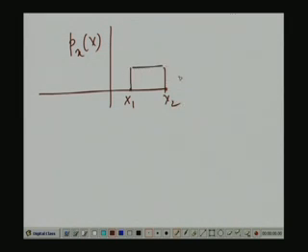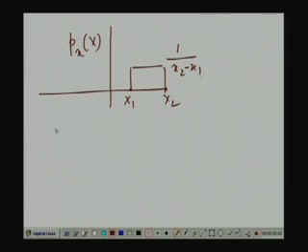What is the height? Area should be equal to 1. This is a rectangle, whose side is x 2 minus x 1. So, height will be 1 by x 2 minus x 1. So, x is taking only values between x 1 and x 2, and within this range its probability density is fixed.